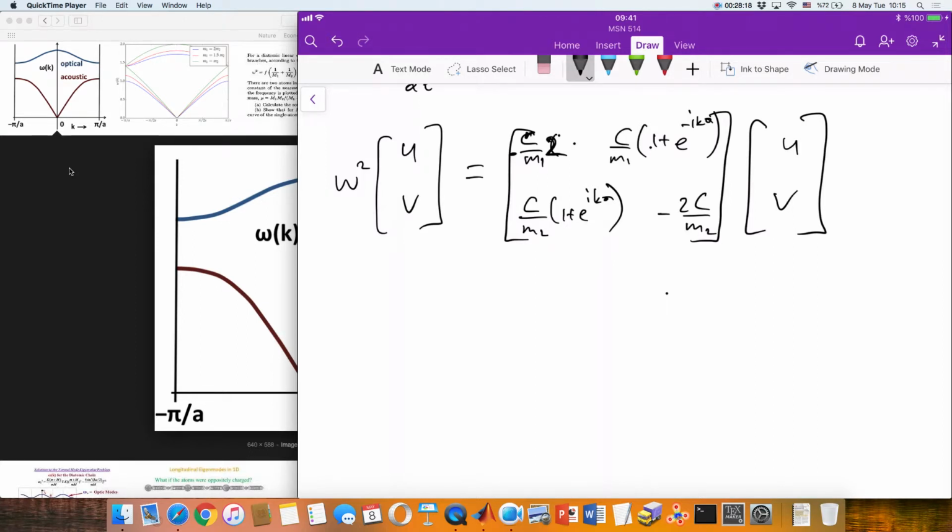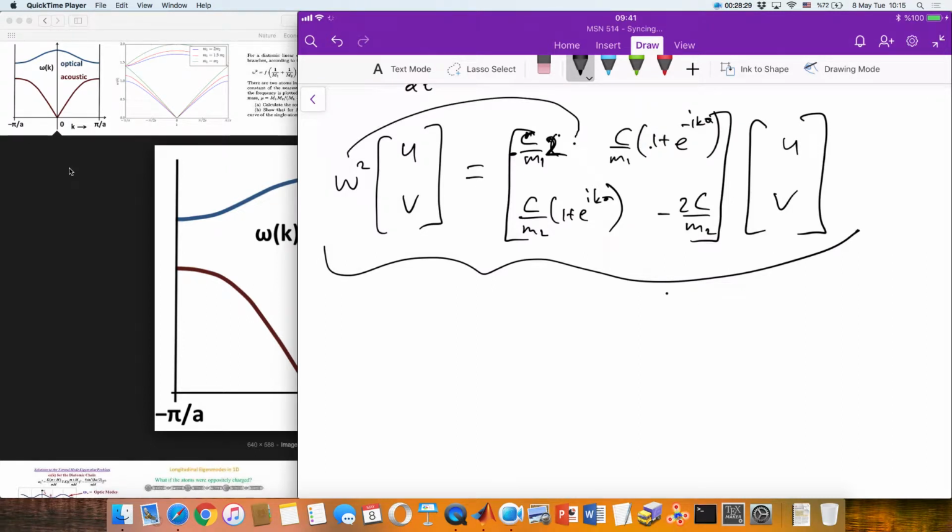It would be nice. So basically, we are talking about an eigenvalue equation. So omega squared will go here, right?